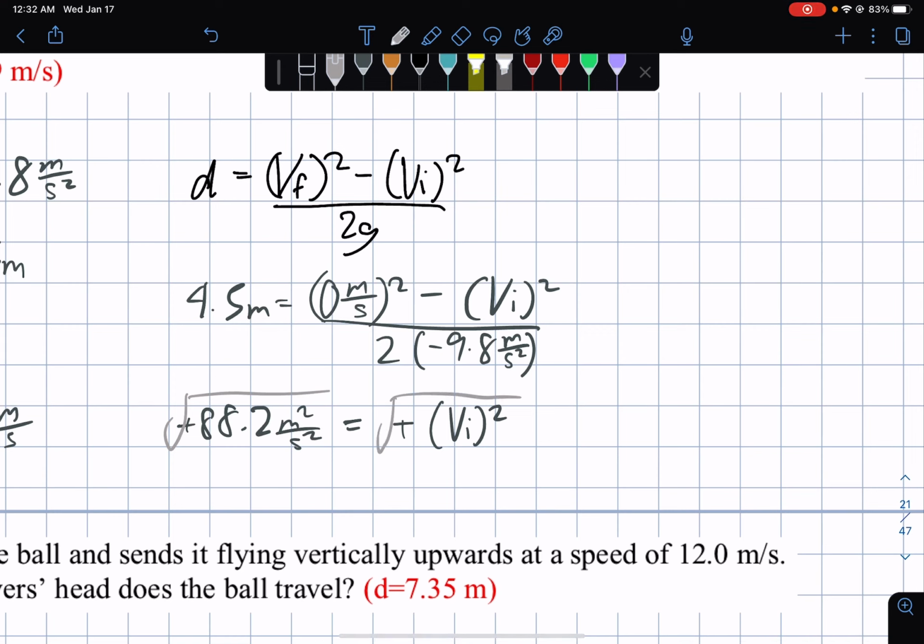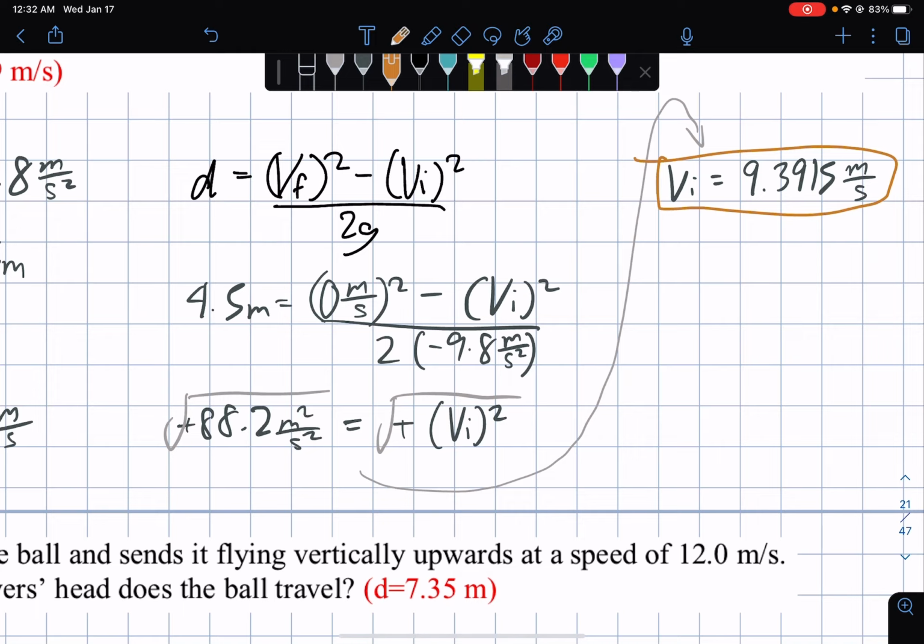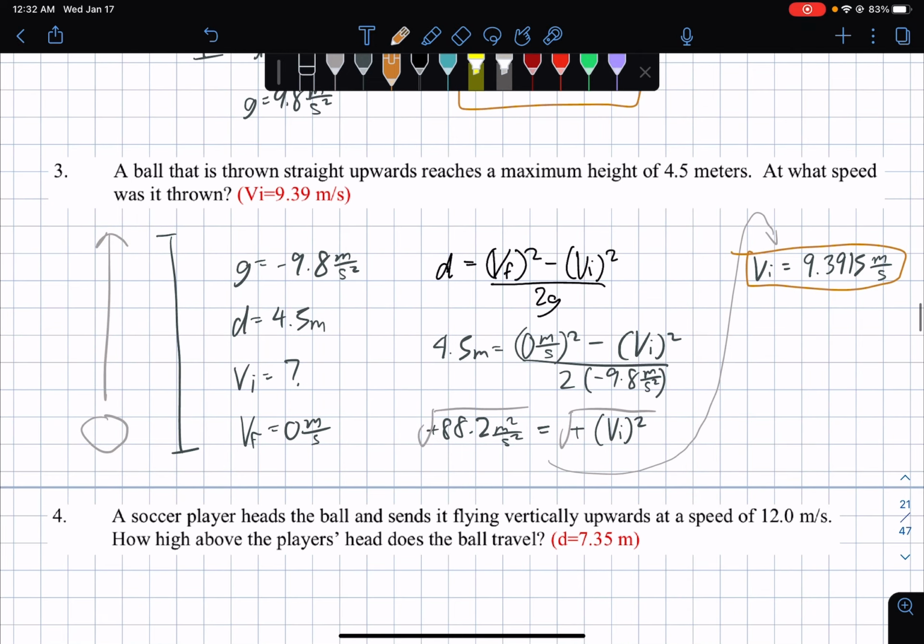Square root. Vi is equal to square root of 88.2, 9.3915. Okay, so far so good.